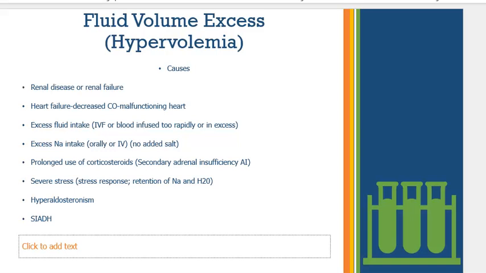Some of your seizure meds, antidepressants, several cancer drugs, some of your cardiac meds, diabetes. And then you also have surgery, just because of the stress on the body can throw you into that SIADH, as well as hormonal deficits.